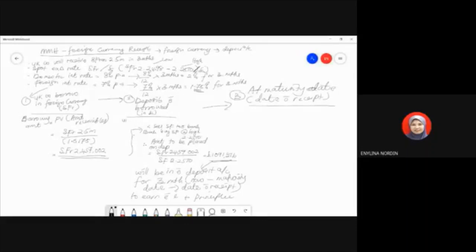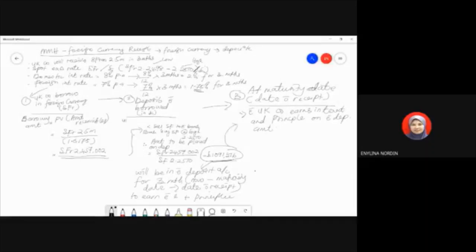The UK company earned interest and principal on the deposit amount. That means after 3 months, because you keep the money in the deposit account this much. Now what happens after 3 months?